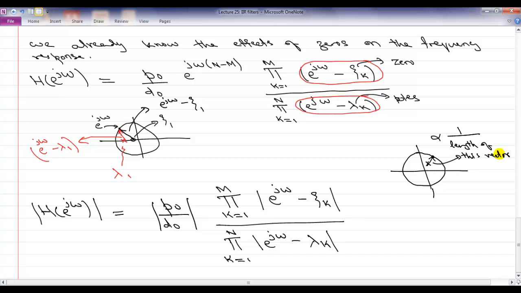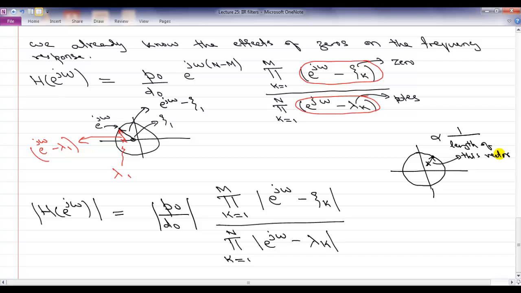Now, the farther your pole is from the unit circle, the bigger the length of that vector, and that means 1 over the length is getting smaller. So if you want to intuitively think of it, zeros, as they get closer to the unit circle, pull down the magnitude of your frequency response. Poles, when they get close to the unit circle, are pulling up the magnitude. So they have the opposite effect of what zeros do.